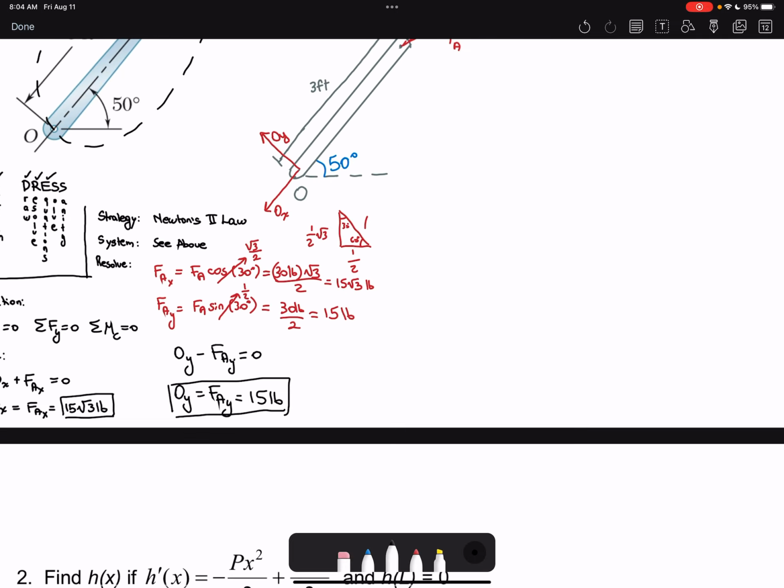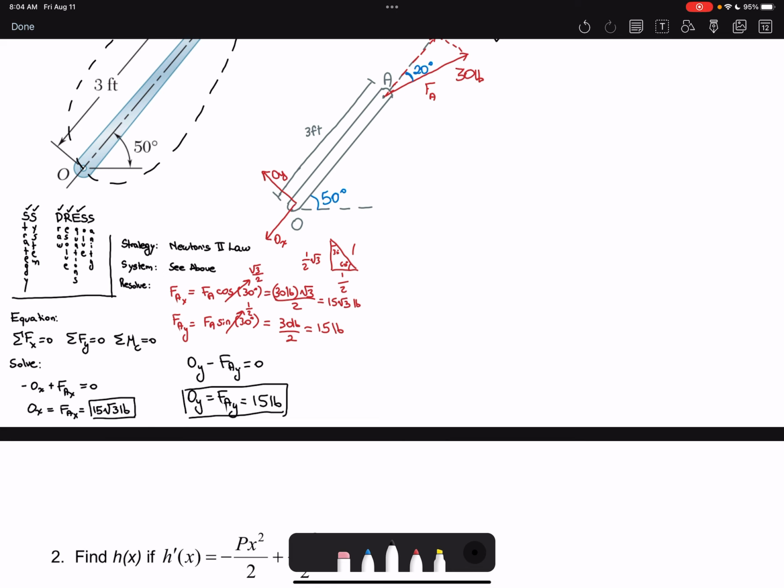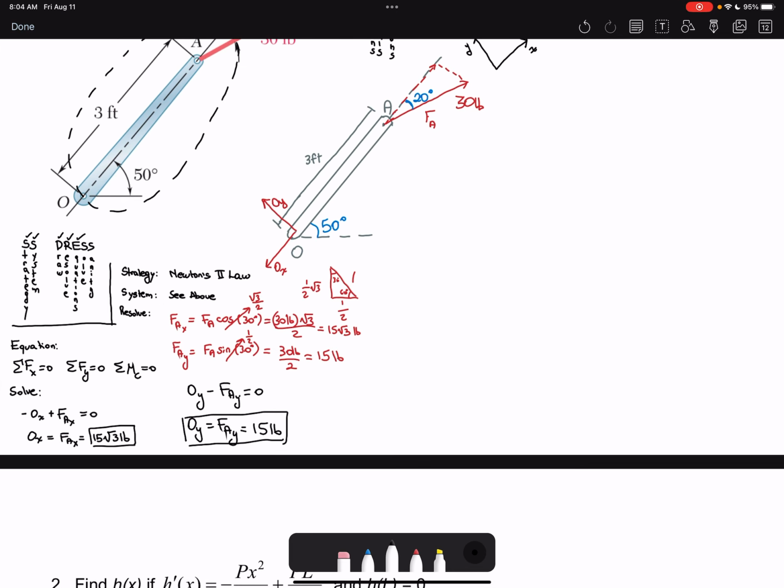And now the sum of the moments, this is the drum roll moment. No pun intended. So we have a force that's going to create a moment, and I forgot to put the moment here. So there's going to be a moment right here, and I'll put it in red.